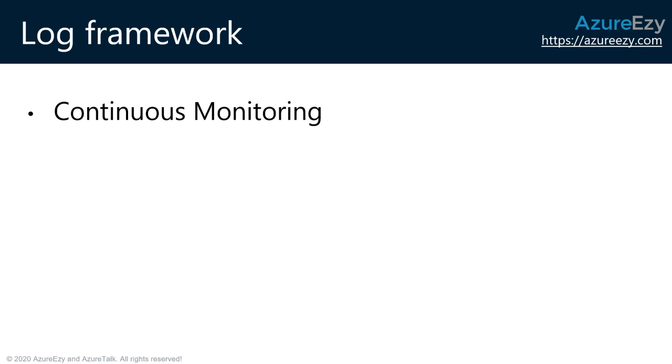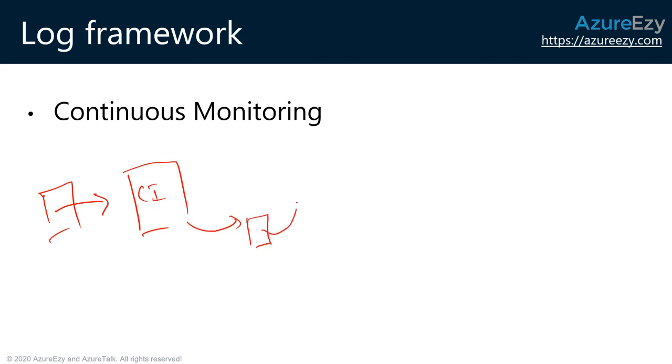Now, what exactly does continuous monitoring say? Your CI pipeline is continuously building the product. The code gets added to the CI pipeline, it generates a package, then the package gets into the CD pipeline, and then you deploy it to the server.